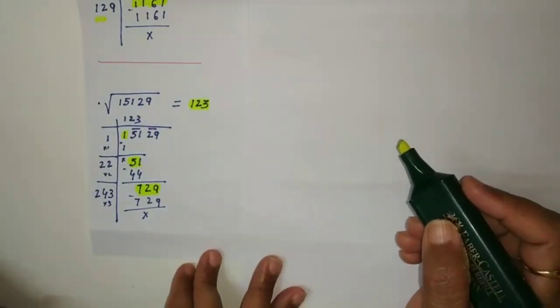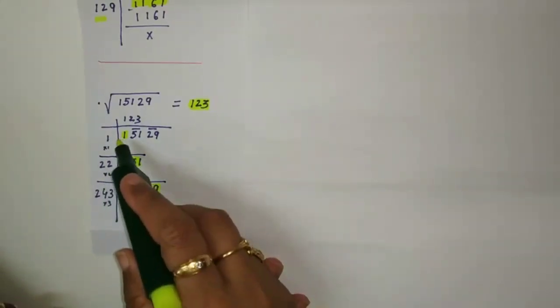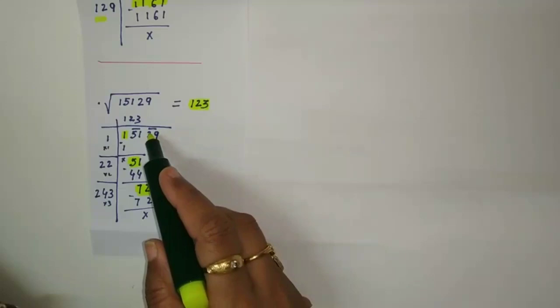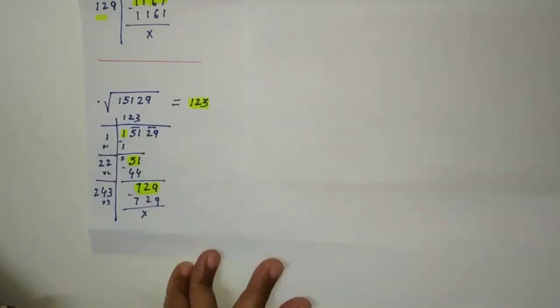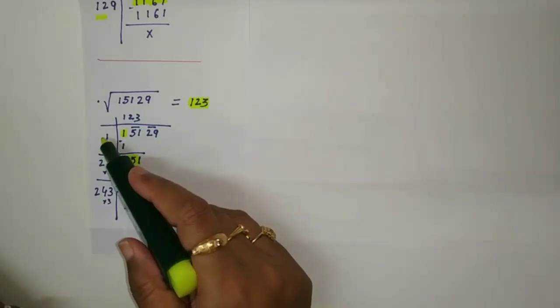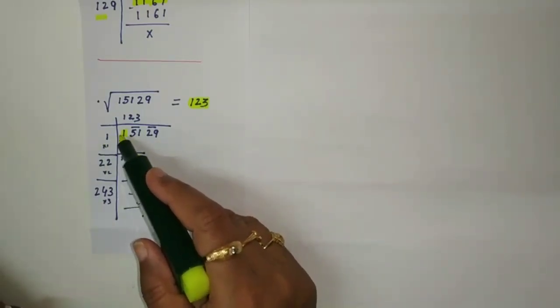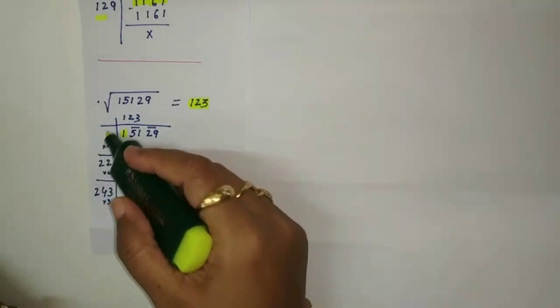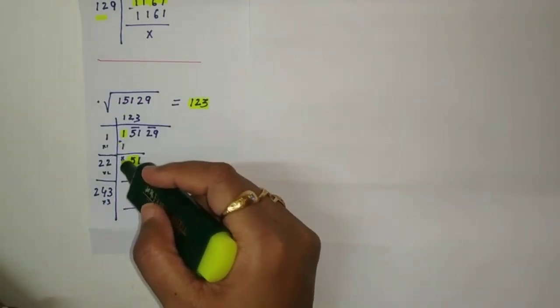Do I repeat this once again? The number is 15129. Pairing from right side, two numbers, and this is left. 1 is the number and we don't have anything. So we look for a number whose square is equal to this or less than this. So 1, so we know the square is 1. 1 1s are 1. When we subtract, nothing is there.